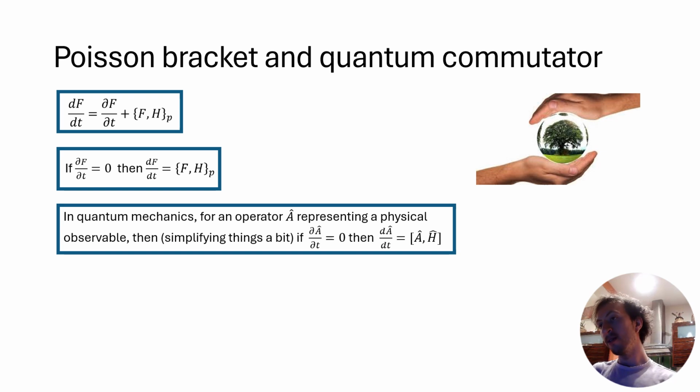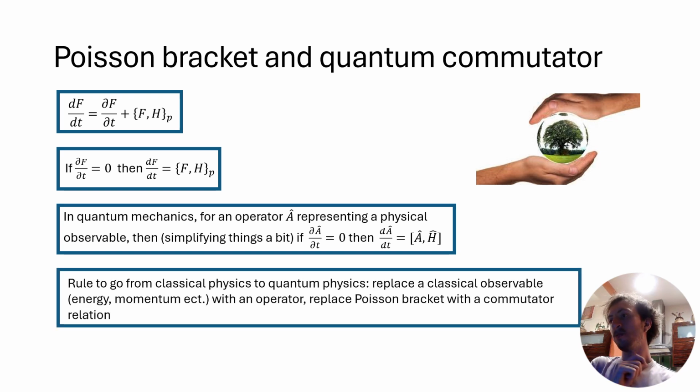And it's worth saying here I have simplified things a bit, because really I should be talking about the expectation value of A, not A itself, because due to Heisenberg's uncertainty principle there will be generically fluctuations in A, albeit they might be really, really small compared to the values we might measure for observable A on a macroscopic scale.